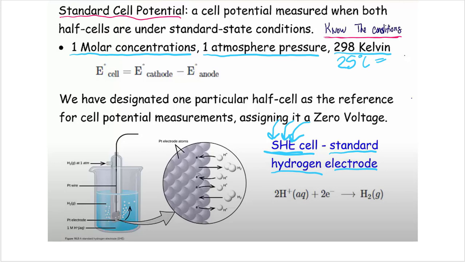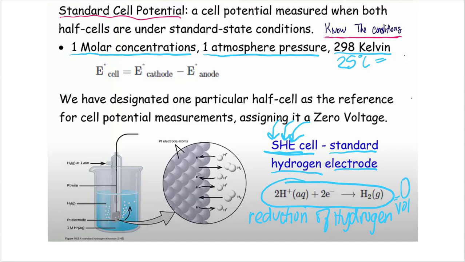Look at the E side, go all the way down till you get to a voltage, find 0. If you find that voltage of 0 and you look over, you'll see this SHE cell, the standard hydrogen electrode, is the reduction of hydrogen, and it has a voltage of 0 volts.